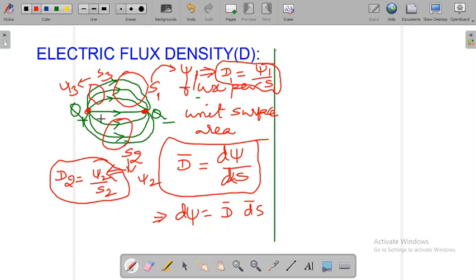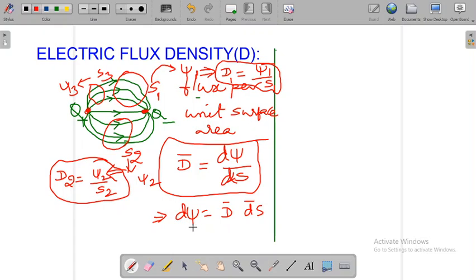Charge is the source, the cause, and the effect is flux. So charge is a scalar quantity, and our flux is also a scalar quantity.